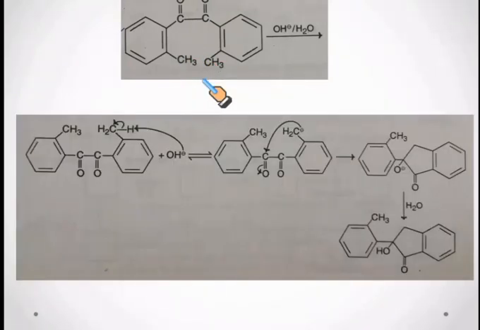So when this compound is treated with hydroxide ion, the hydroxide ion prefers to take up a proton from one of these methyl groups and generates this anion. Then this anion attacks this carbonyl carbon because it forms a stable 5-membered ring.